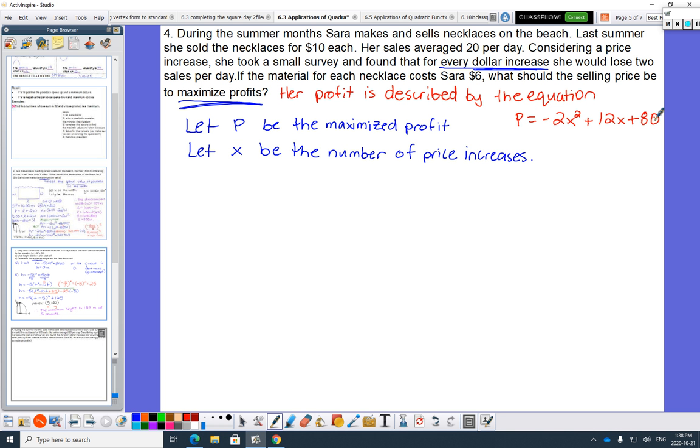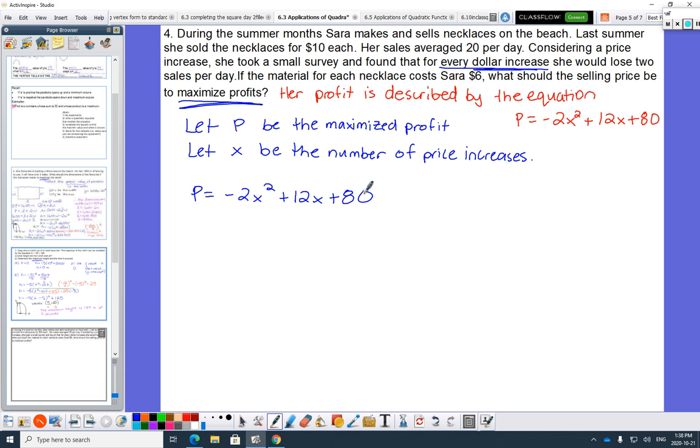Okay, so I'll give that to you, and then you just have to, again, we're doing the same thing. Complete the square, and then we're going to interpret our answer. So now we do have a C value, no problem.